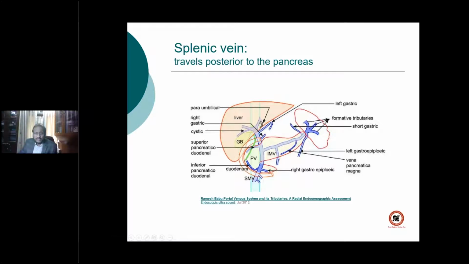Until it joins with the inferior mesenteric vein to form the portal vein, or with the superior mesenteric vein to form the portal vein. So the splenic vein is a tributary which opens into the inferior mesenteric vein, and that inferior mesenteric vein along with the splenic vein then opens to form the portal vein along with the superior mesenteric vein. That part I think is clear.